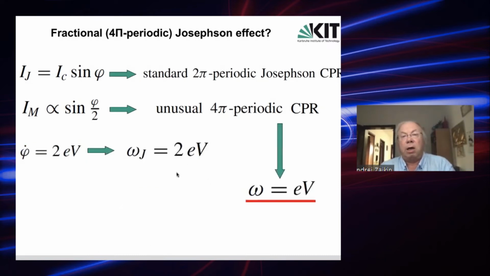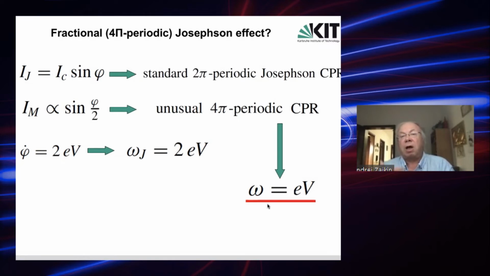Now, in any case, another consequence, which is also quite significant, is that if we have this relation between the phase and the voltage, then usually we have Josephson oscillations with such a frequency in the case of 2-pi periodic dependence. Now here we have 4-pi periodic dependence, so we have half of the Josephson frequency.